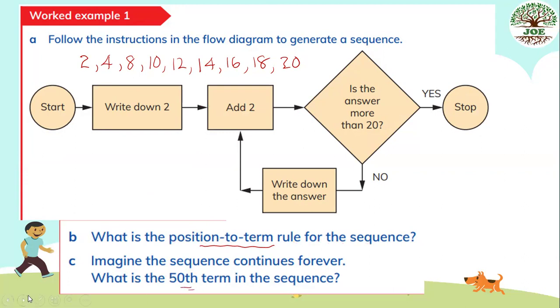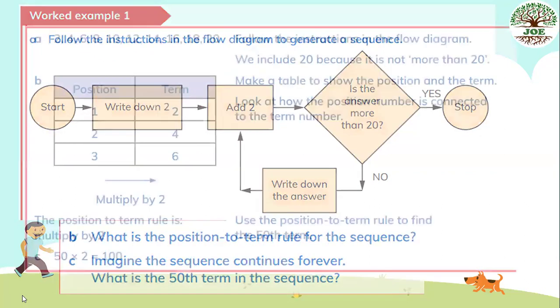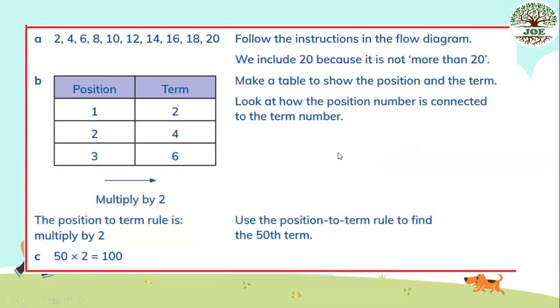Okay, let's see our terms. This is part A. The answer is 2, 4, 6, 8, 10, 12, 14, 16, 18, 20. They are multiples of 2. Following the instruction in the flow diagram, we include 20 because it is not more than 20.